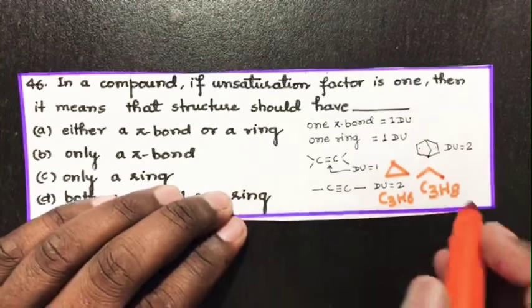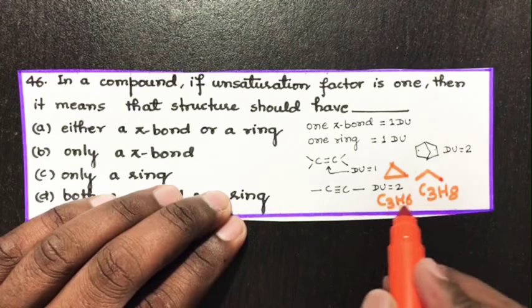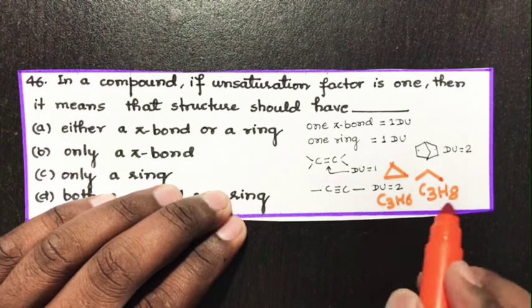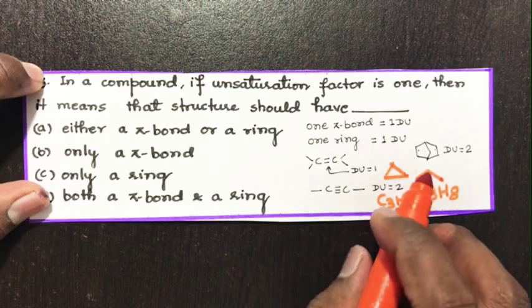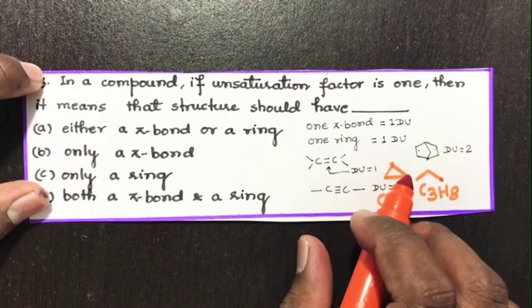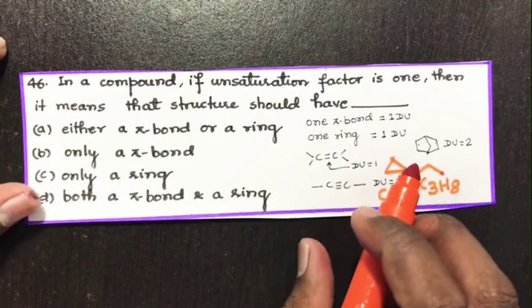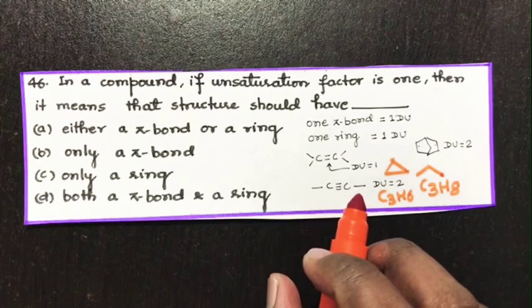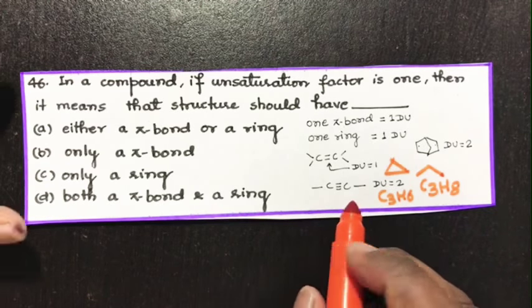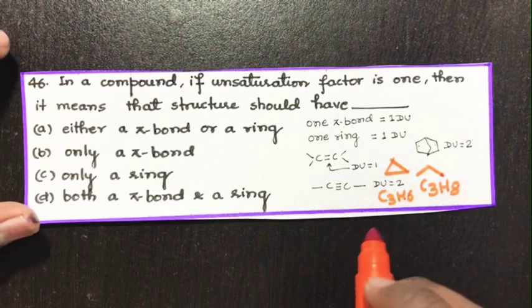If you see carefully, there is a deficiency of 2 hydrogens in these 2 molecules, so this will be 1 du. So one ring gives 1 du, and one pi bond also contributes 1 du. And since in a CC triple bond there are 2 pi bonds, the du will be 2.